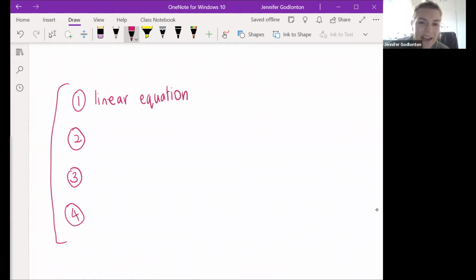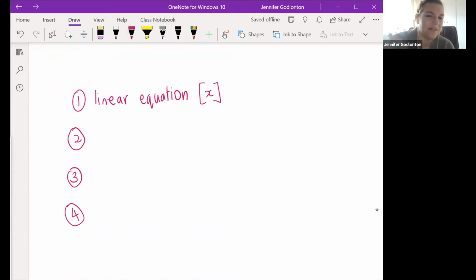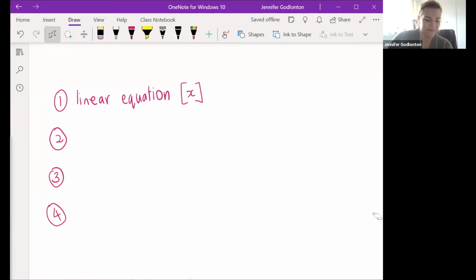Good, okay. Next one, when we have an x squared involved. If we have an x squared, what would it be called? This is when we would factorize.